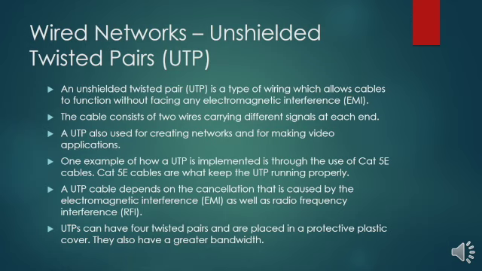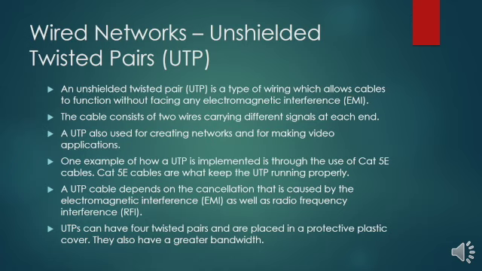One example of how you can use a UTP is through a Cat5e cable. Cat5e cables are what allow unshielded twisted pairs to properly run. Not only that, but an unshielded twisted pair cable depends on the cancellation that is caused by electromagnetic interference as well as radio frequency interference.